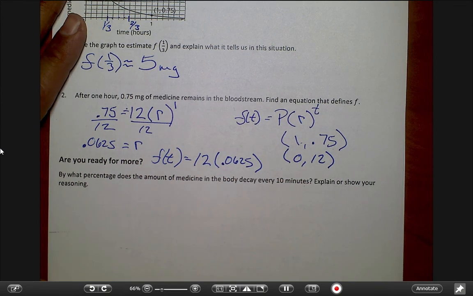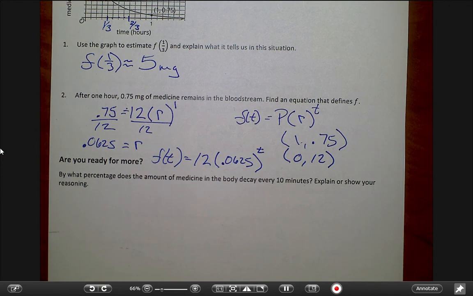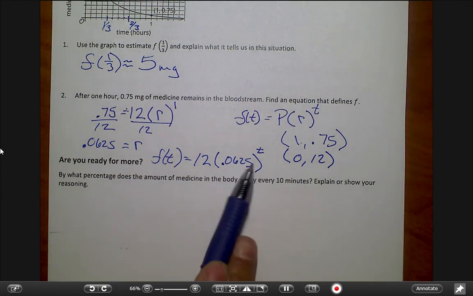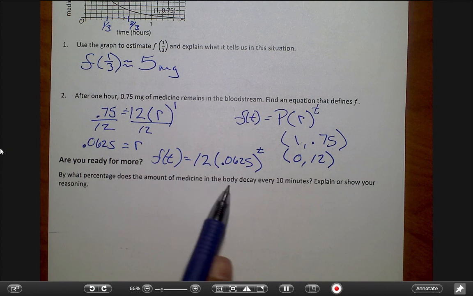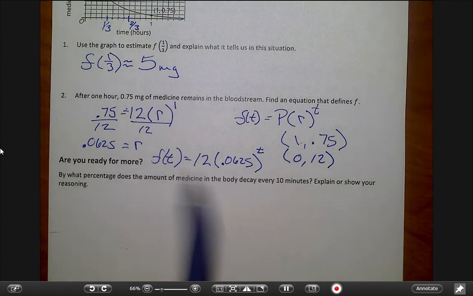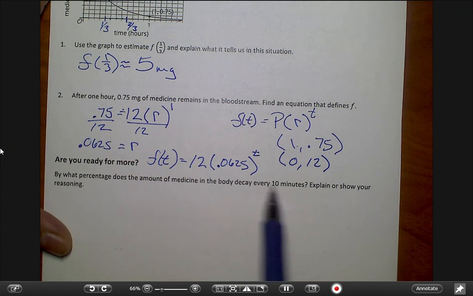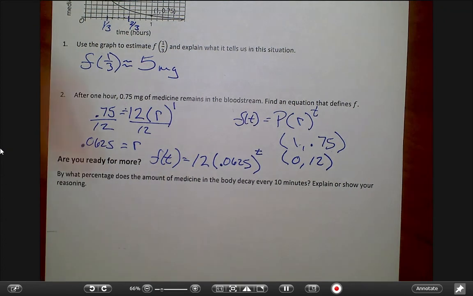And we're going to raise that to the t value. So now, by doing this, I have a function, and I can find out anything else with this function. If I want to know any of these other values, I could figure it out after 10 minutes or something else.